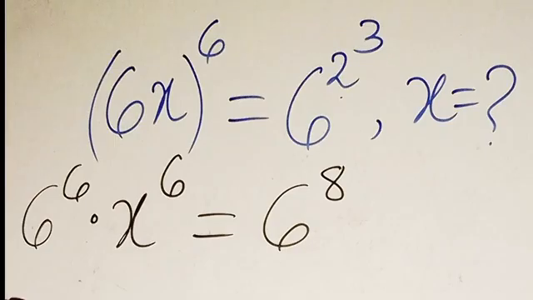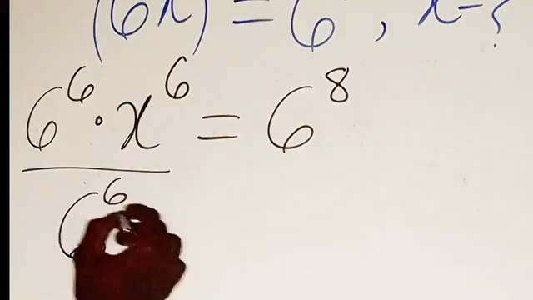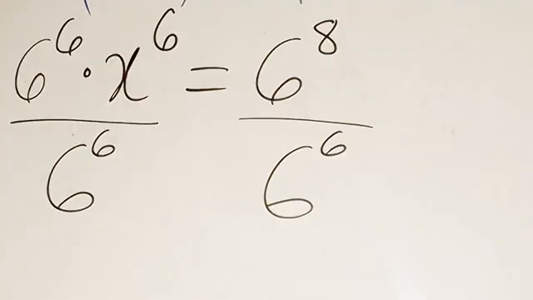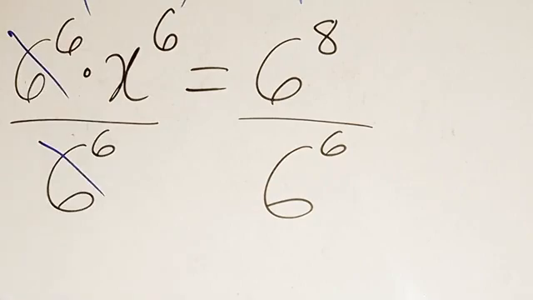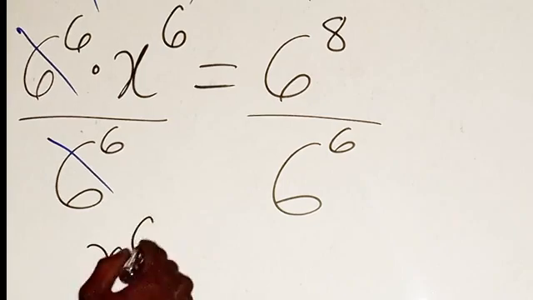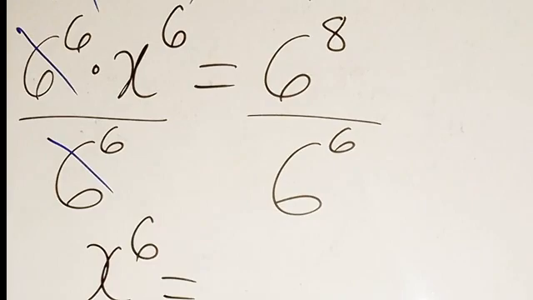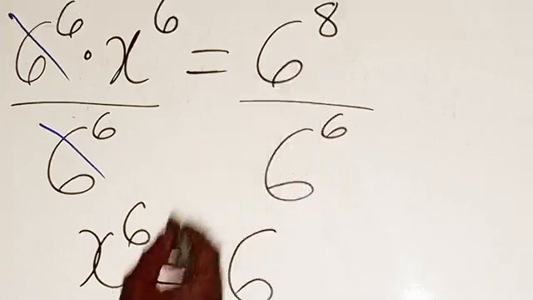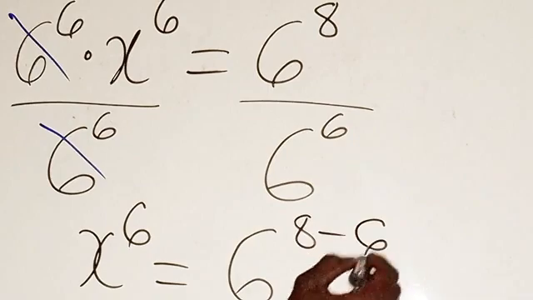So now what's the next thing to do here? We divide both sides by 6^6. So you can see that this is going to cancel out this. So we're going to be left with x^6 equals, now from here we are having the same base 6, so we pick one and take away 6 from the power 8, we have 8 minus 6.